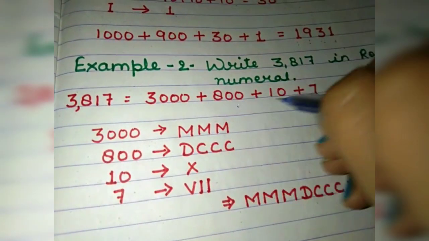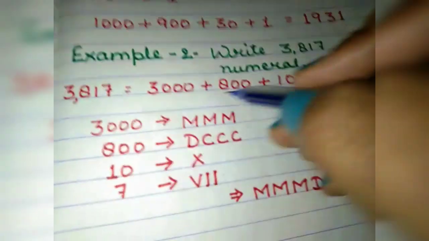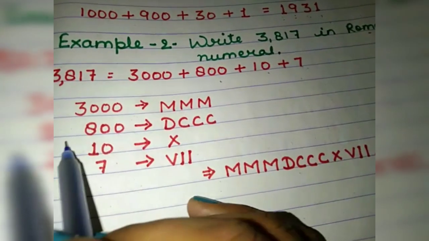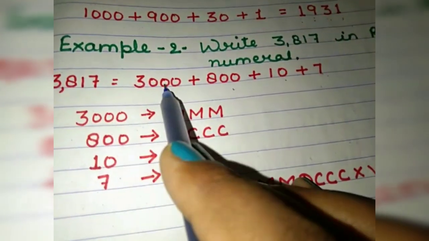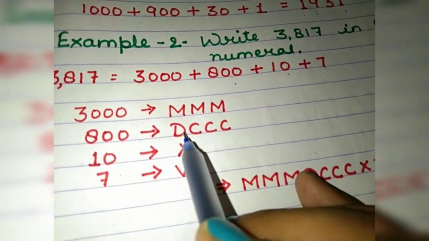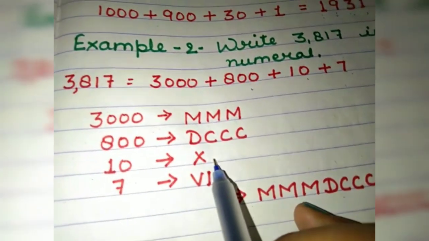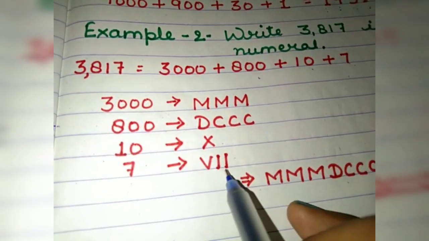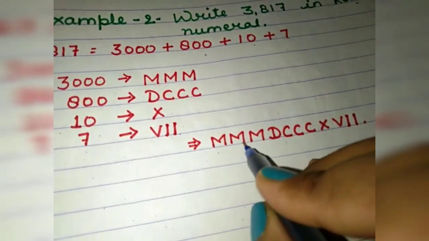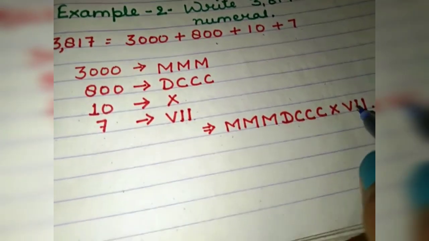Now write the Roman numeral value of each: 3000 means MMM, 800 means DCCC, 10 means X, 7 means VII, which is equal to MMMDCCCXVII.